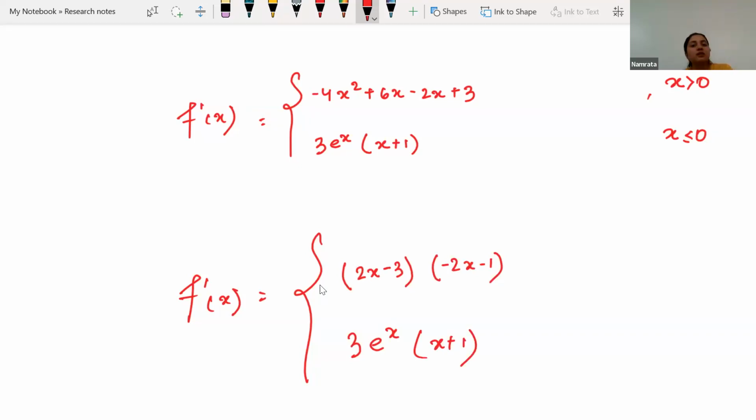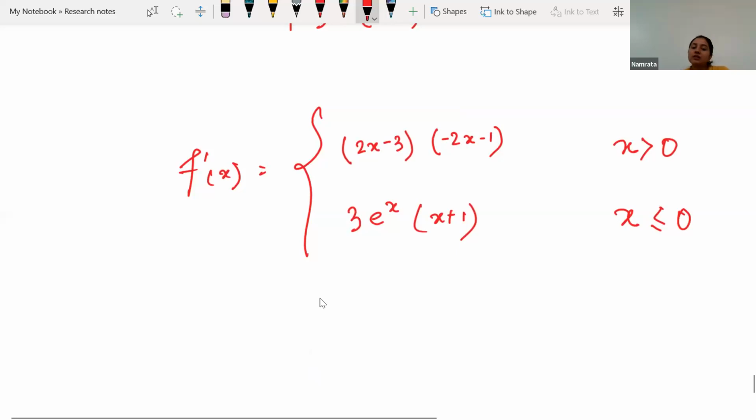So that we can get the critical points for the first condition, and for the second condition directly from here. We don't need to write all the steps, but we need to understand what the critical points will be. Here minus we can take out common. If we take out minus common here, this will become plus and this will become plus.